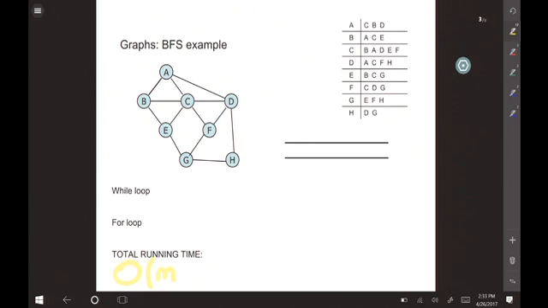So, yeah, what do we need to include? Yeah, good. So what we're going to hypothesize is that the running time is proportional to m plus n, right? We're going to have to do something for every edge, and we're going to have to do something for every vertex. And that's what we're going to speculate on.